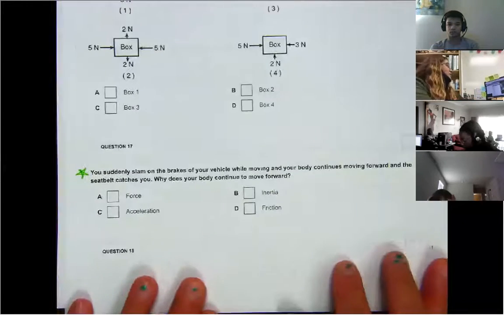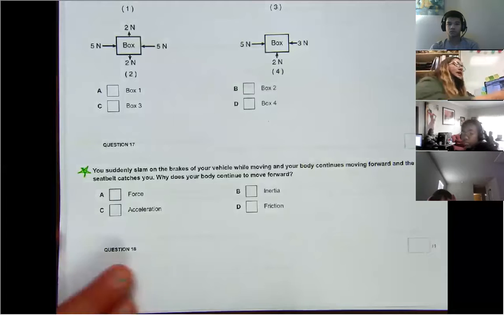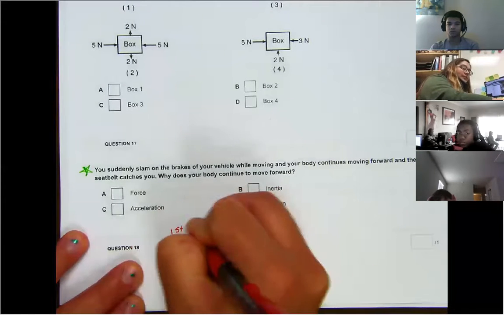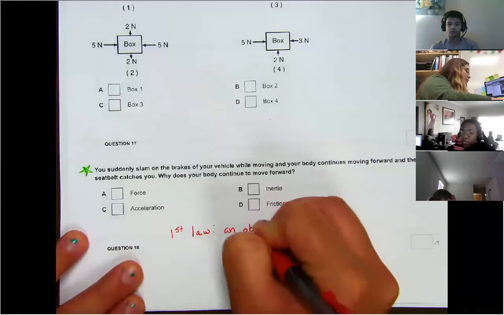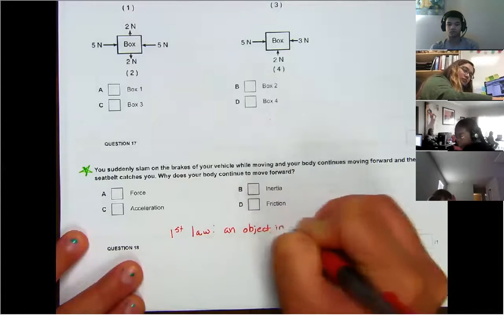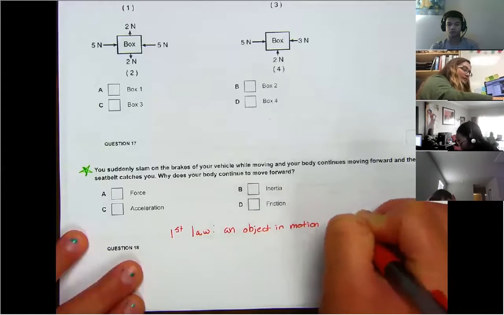All right, the next most missed question. You suddenly slam on the brakes of your vehicle while moving and your body continues to move forward and the seatbelt catches you. Why does your body continue to move forward? That's Newton's first law. An object in motion stays in motion.